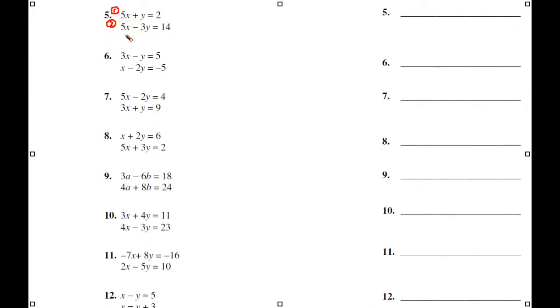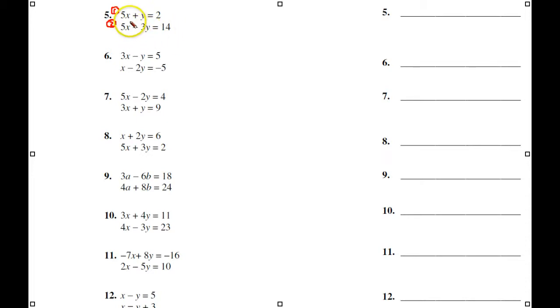Now I could have set this up already, but I want you to see it in its sort of basic form. Now notice this is in standard form. This is in standard form, but nothing cancels out like they did before.